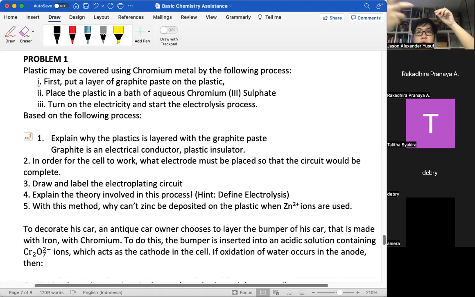So in order to deposit the metal on the plastic, we need a conductor so that the electricity can flow and the metal ions can come flowing to the plastic. And so that's the explanation.